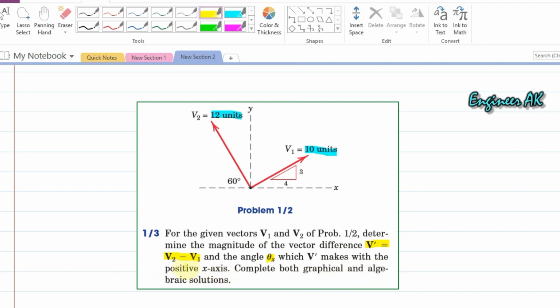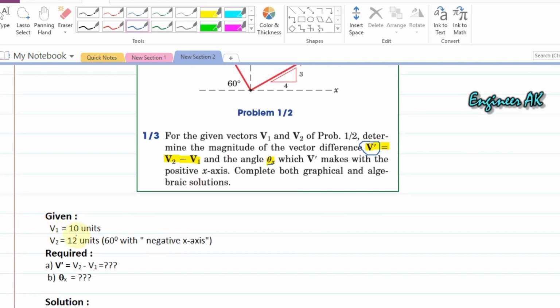So what we have to do is find this v dash, and then find the angle that it is making with the positive x-axis, right? And we also have to show those values on the graph.